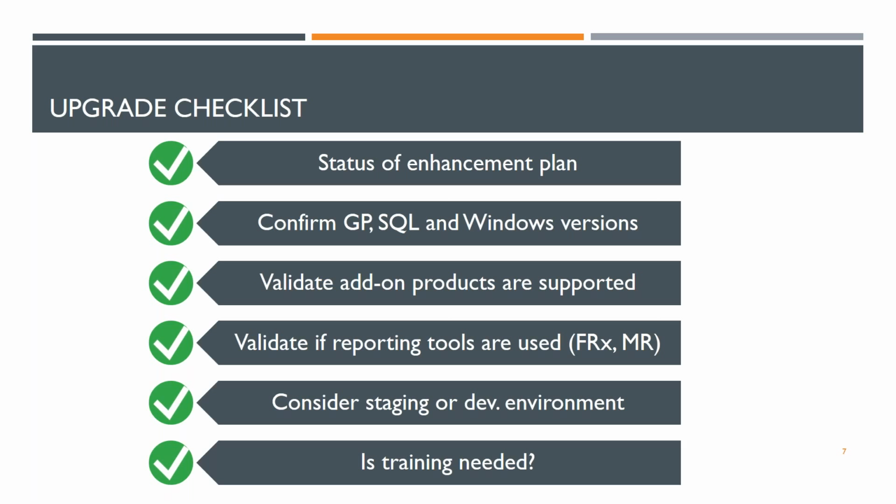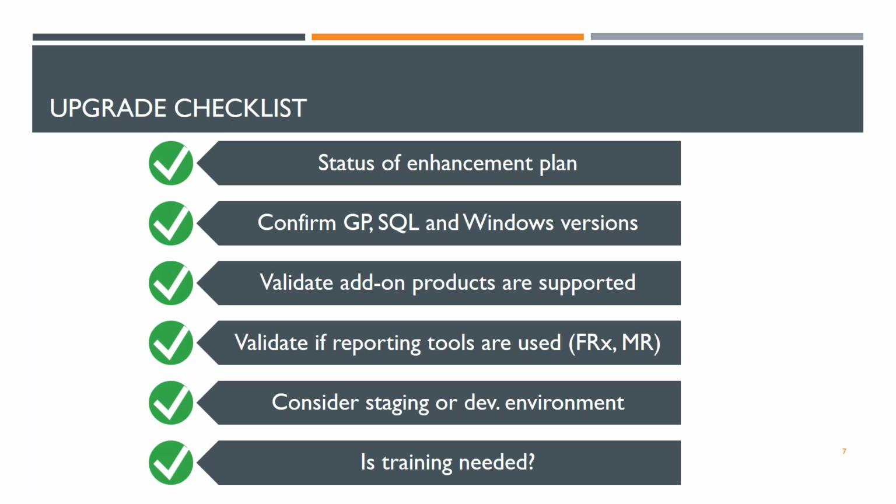And then finally, are you going to need to do any training? One great thing about GP is that they keep things very consistent looking, so the workflow in terms of daily interactions with GP doesn't change significantly from version to version. But if you're going from, for example, GP8 to GP 2018, that's going to cause some confusion for your users.